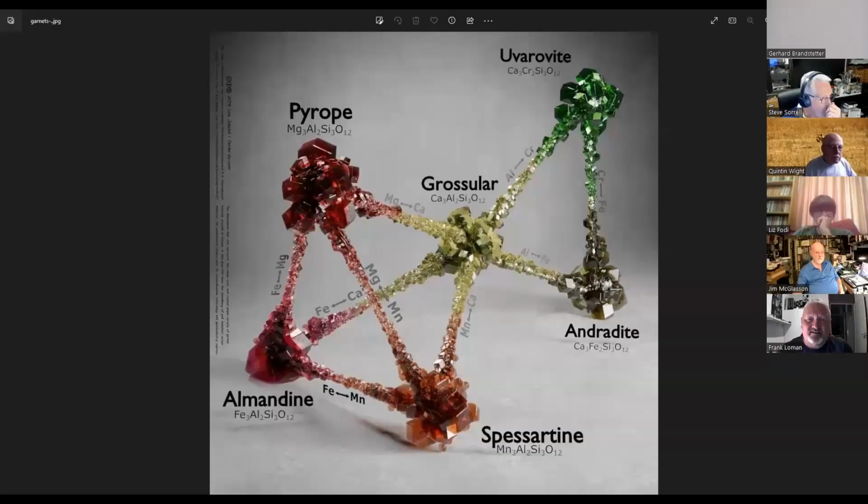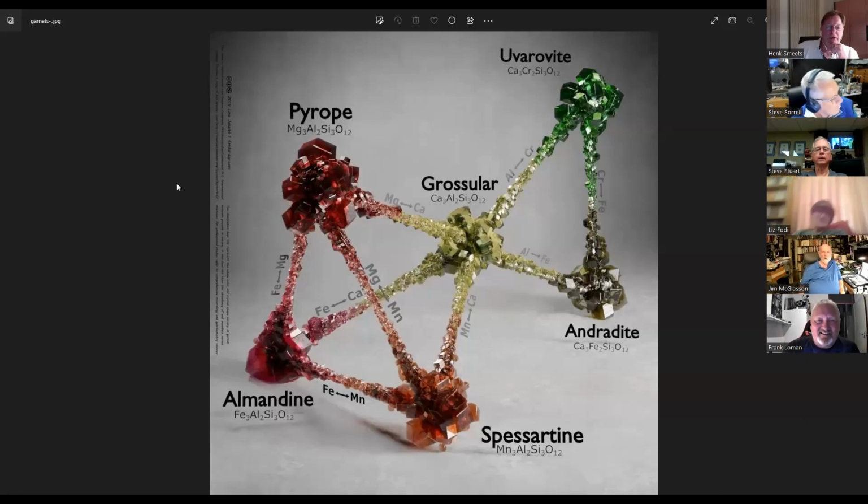I've seen this drawing before. Oh, yeah. Yep. Oh, yes, I see that one. I use that in every presentation where garnets play a role. That's been done by Lena.